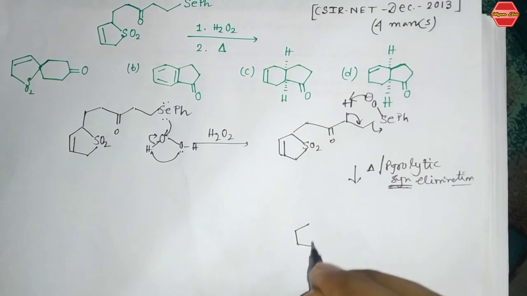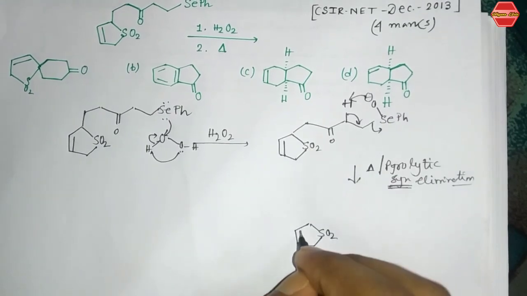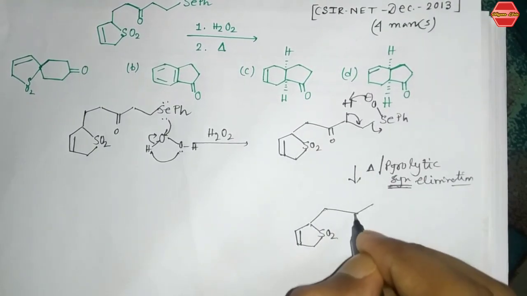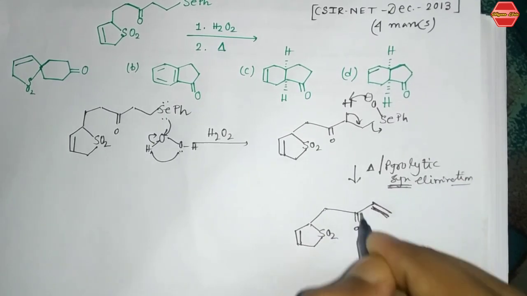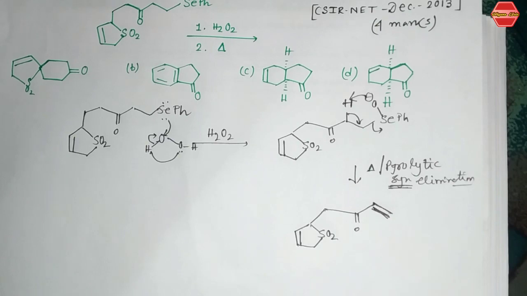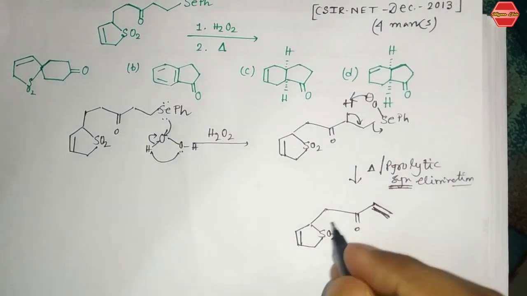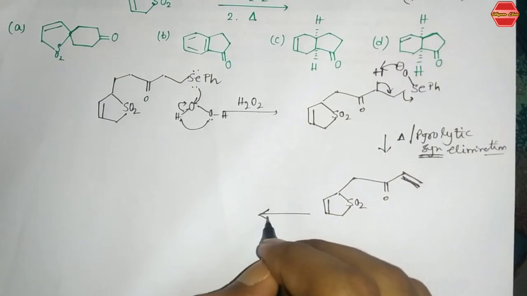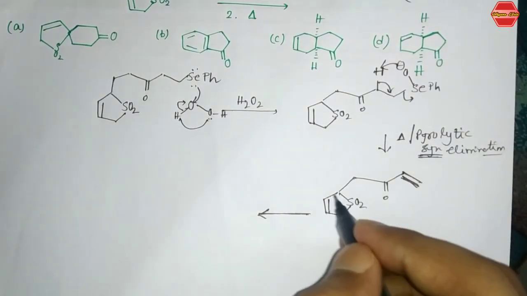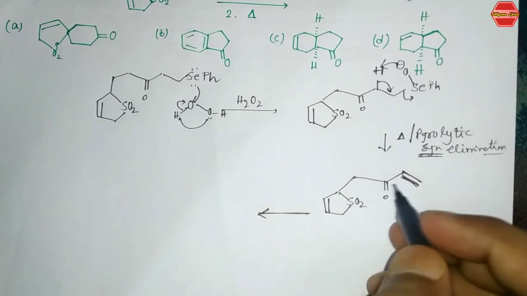Now see, this SO2 is bonded with this center with a double bond, and here you can get an alkene like this. Now there is a possibility of a cheletropic reaction. What is a cheletropic reaction? It is nothing but the extrusion of SO2, sulfur dioxide.